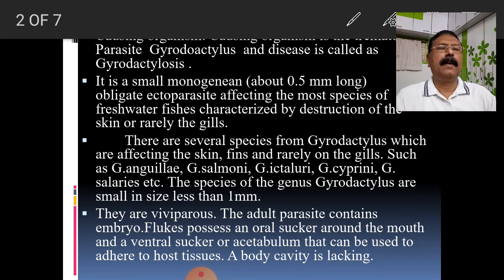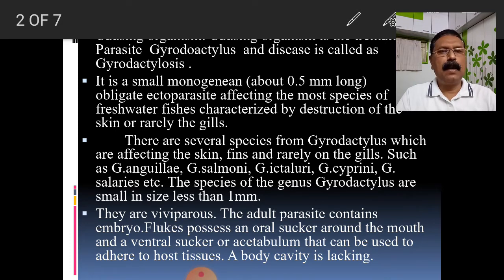We have seen that this organism, this ectoparasite monogenetic trematode, is viviparous. When it is viviparous, it means that it gives birth directly to the young one. So this Gyrodactylus is viviparous, and it is a hermaphrodite.